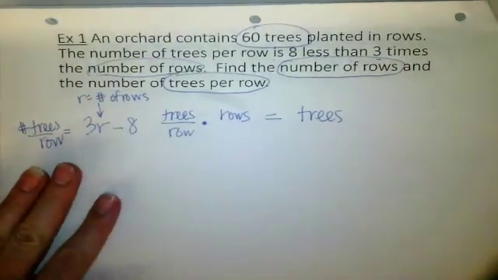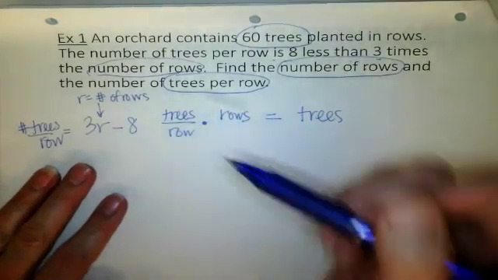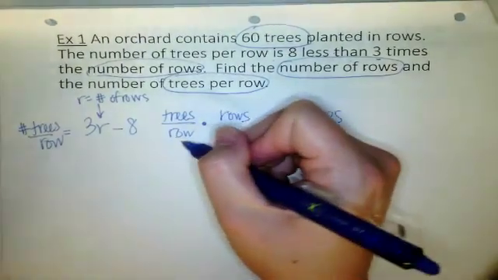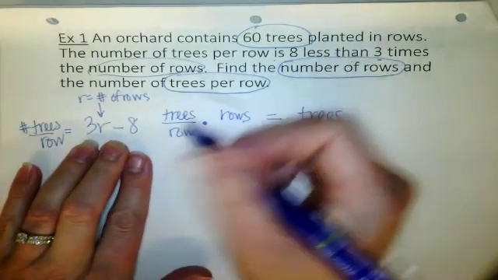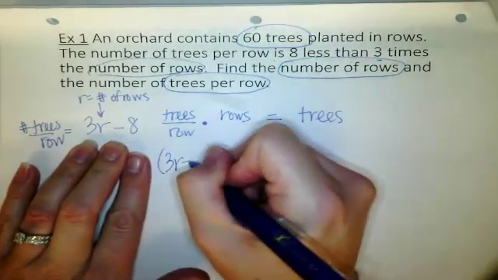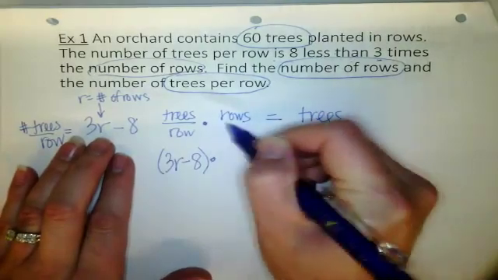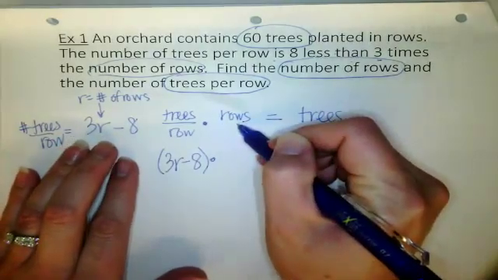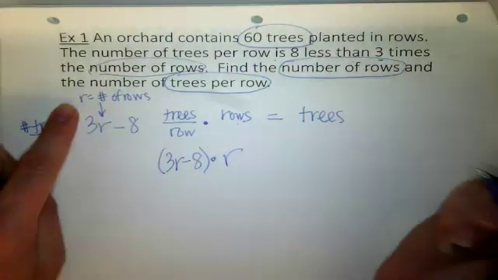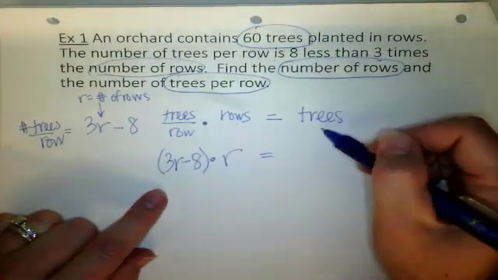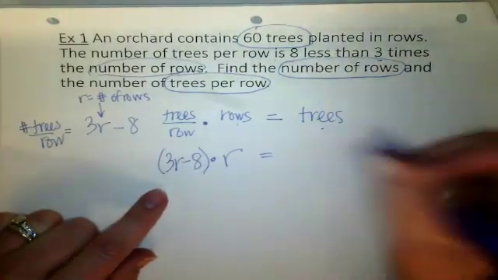Okay. And so I can sort of substitute that in here. Trees per row is the same as 3R minus 8. And what's our number of rows? R. Equals number of trees. How many trees? Oh, 60.